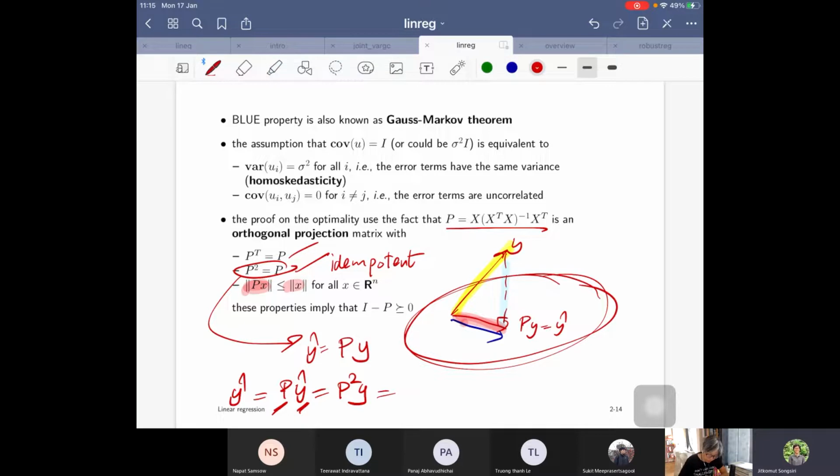So Py plus e must be equal to y, and the norm of Py cannot be bigger than the norm of y. Mathematically, the third property says that the norm of Px squared is less than the norm of x squared.